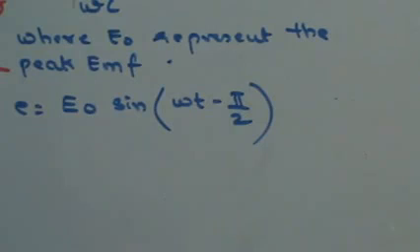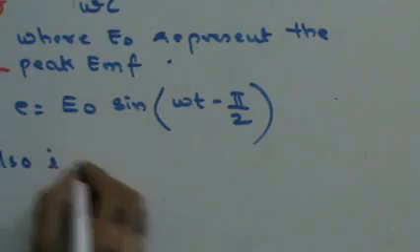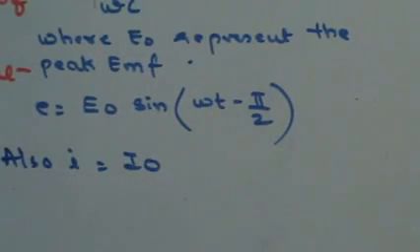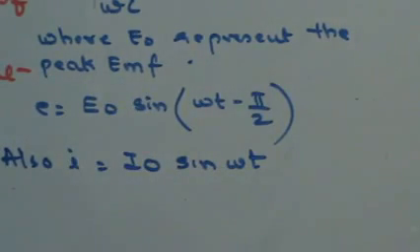Once you have this equation, what we understand from this is that if I compare the EMF and the current equation, we see that the EMF lags the current by pi by 2. See here, the current equation was I0 sine omega t, and this is sine omega t minus pi by 2.